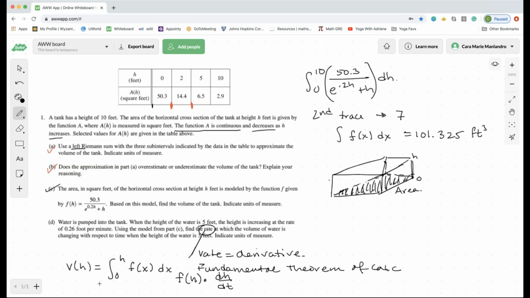You take the derivative of the integral, you get the function back, but then you have to take the derivative of the bounds as well, so that's dh dt. So this boils down to f of 5, and then they gave you dh dt, 0.26 feet per minute. Then we would plug 5 into here and get a number. Is everybody with me? Yes, no?